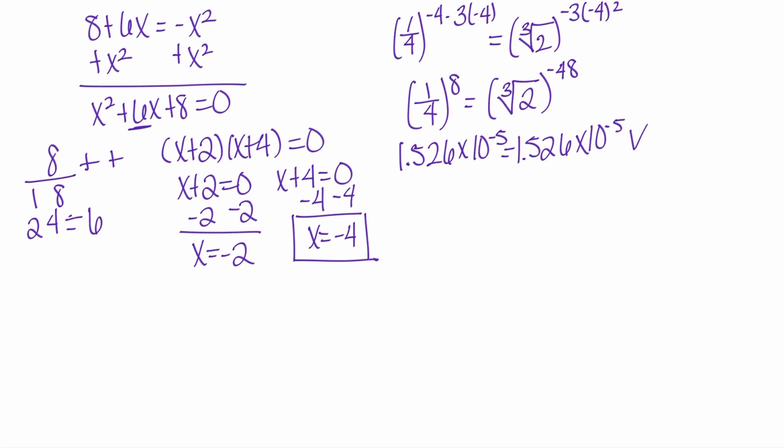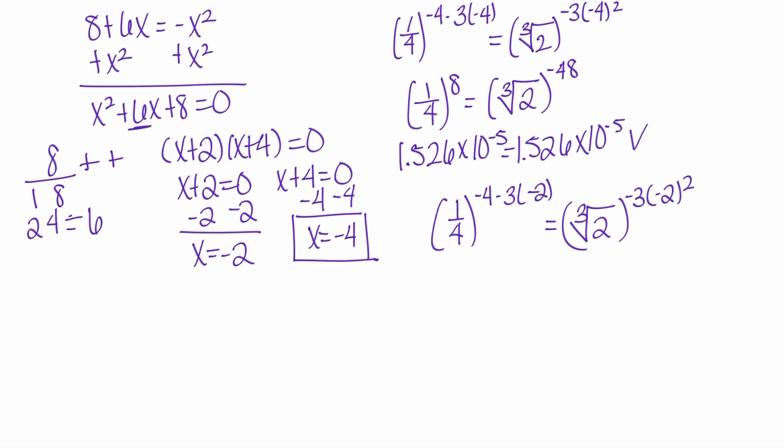Let's now try x equals negative 2. So we have 1/4 to the negative 4 minus 3 times negative 2 equals the cubed root of 2 raised to the negative 3 times negative 2 squared. And we do this on both sides. You get 1/4 to the negative 4 minus 3 times negative 2, which is going to give you 2.